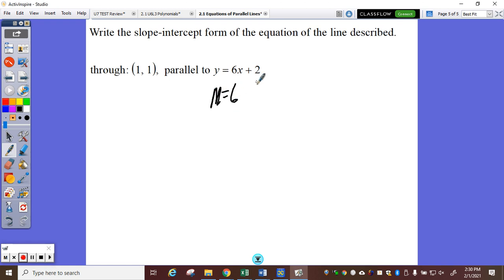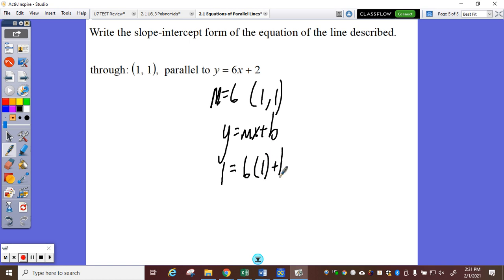Then you use y. So I'm going to use slope-intercept form. 1 equals 6. Tell me what to do now. I already am adding 6.